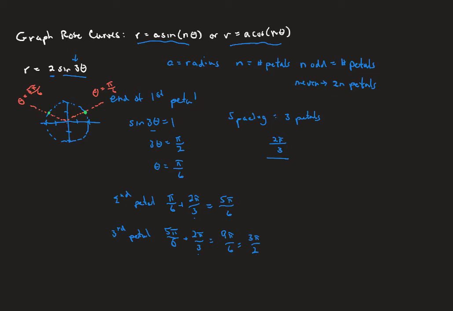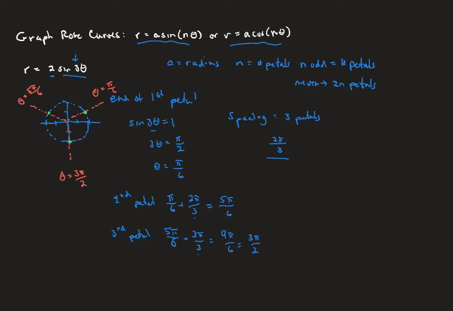So that means at the angle 3 pi over 2, that is going to be where the end of our third petal is. So I'm going to put a green dot right there on that circle of radius 2. So now we can see the 3 green dots are going to mark the ends of the 3 petals.